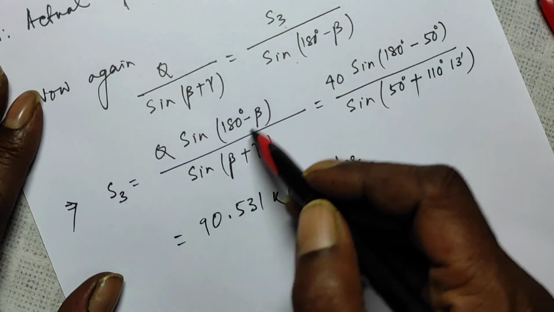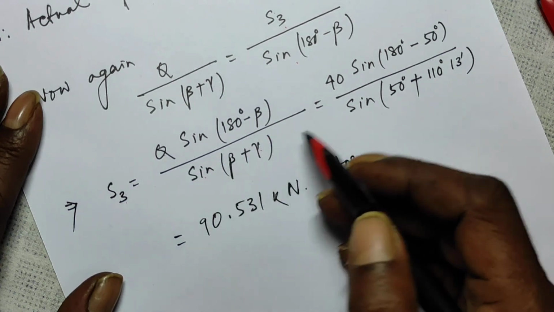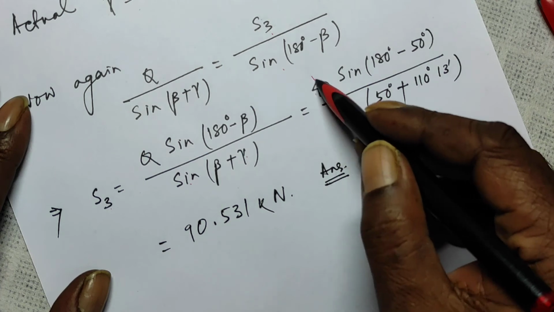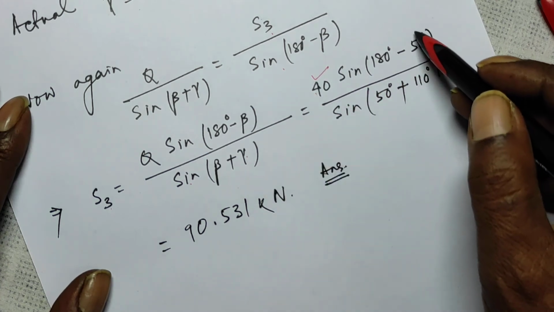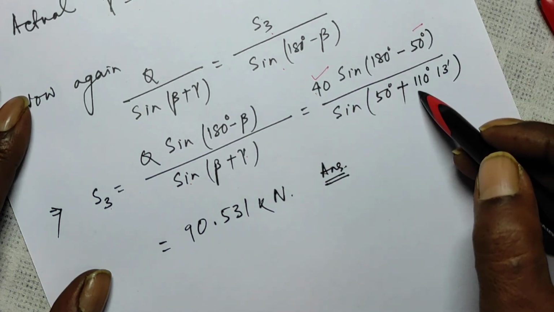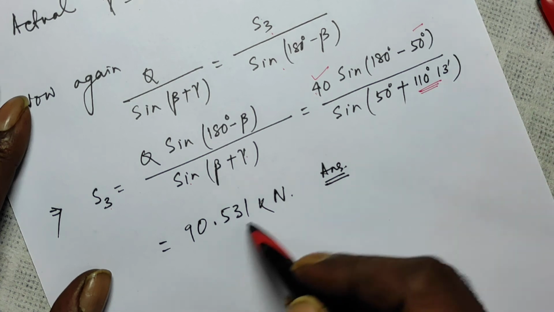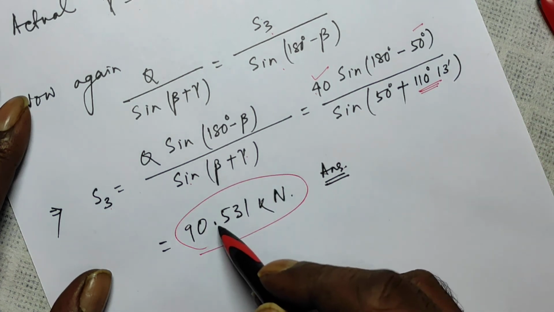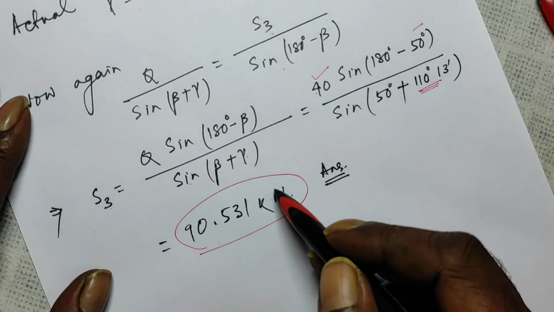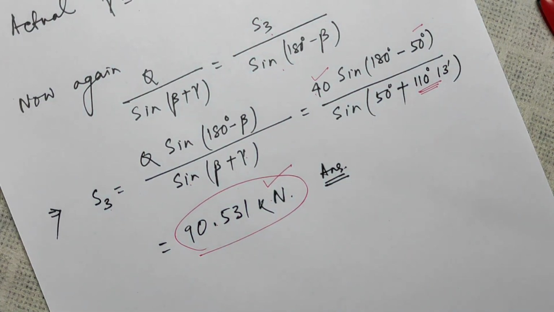Q sine 180 minus beta over sine beta plus gamma. Just put the value of Q, the value of beta, and the value of gamma which was just calculated. So this comes out to be 90.531 kilonewton. Thank you.